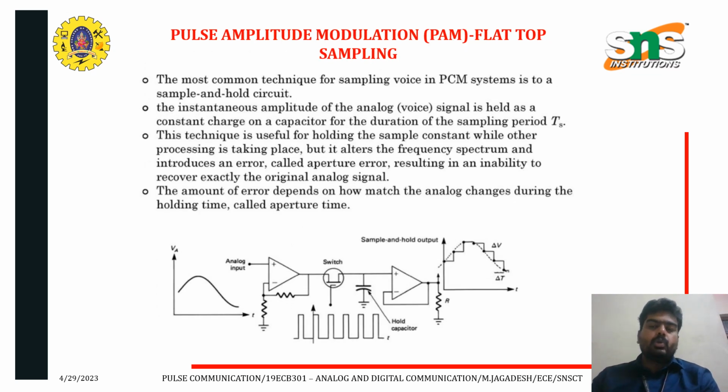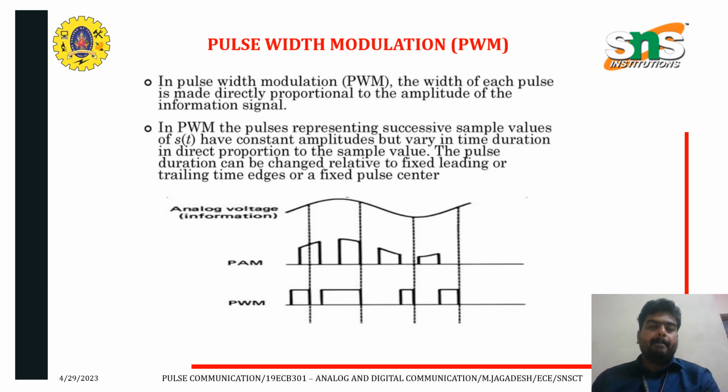Here, the amplitude level of the pulses will be flat. That's why it is called flat top sampling. In natural sampling, the amplitude of the carrier pulses follows the amplitude of the input signal, and this one is flat top sampling.